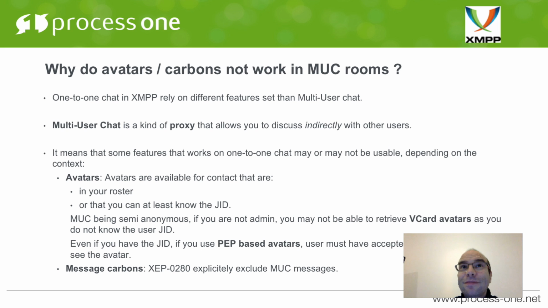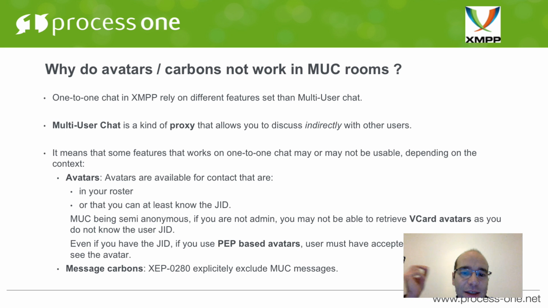So MUC rooms are, on purpose and by design, limiting some of the features of XMPP for privacy reasons. It means that avatars are intended to be used by your contacts. This is for people in your contact list. And in that way, you make sure that the avatar that you're sharing is not seen by unintended people, only people that you have accepted in your contact list.